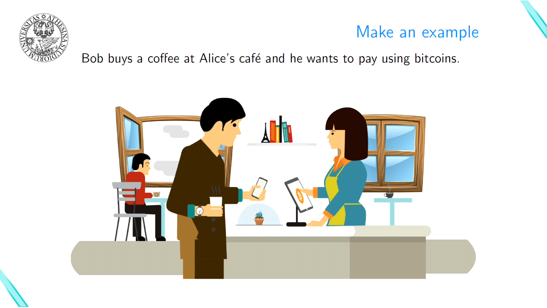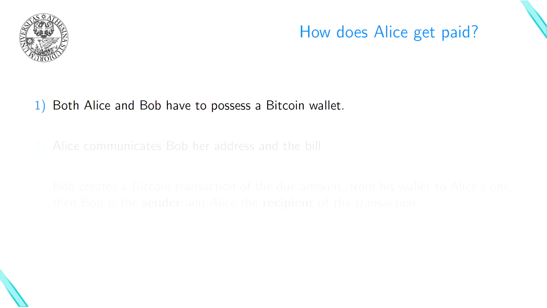Let us suppose that Bob buys a coffee at Alice's cafe and he wants to pay using Bitcoins. How can Bob pay Alice? First of all, it is necessary for both Alice and Bob to possess their own Bitcoin wallet.